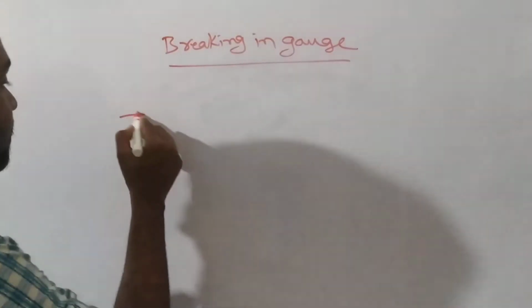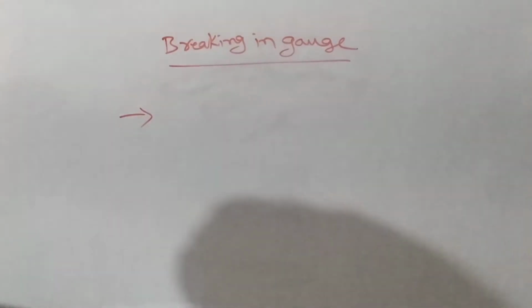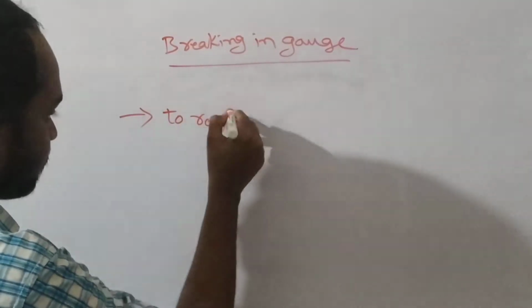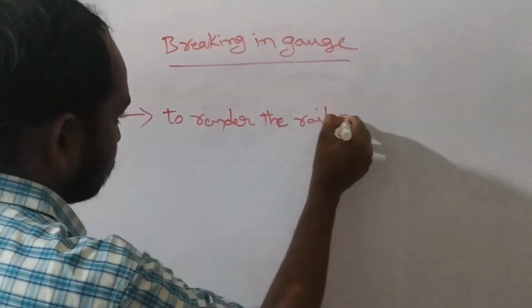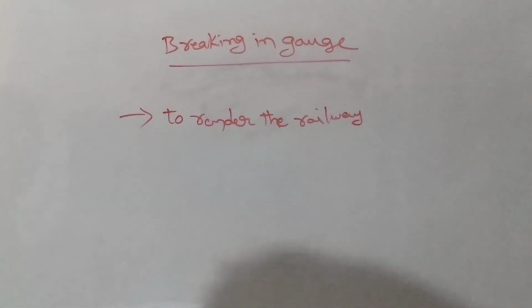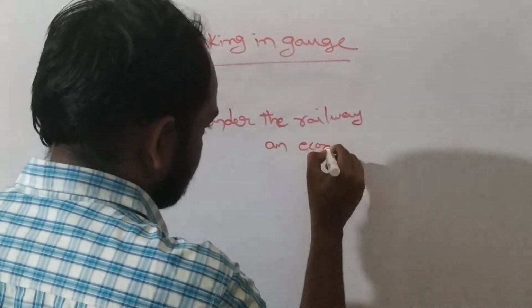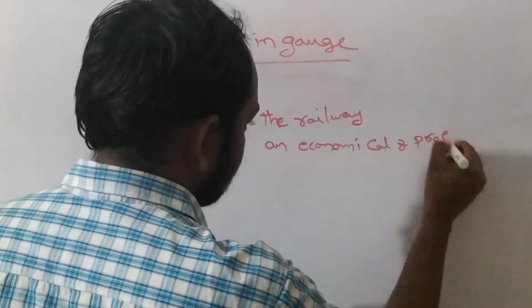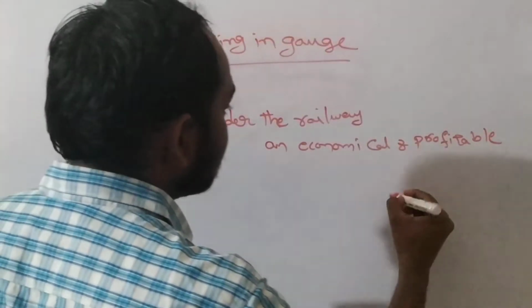In a country like India, we can break the railway gauge to render the railway an economical and profitable concern. This is one of the advantages of breaking gauge.